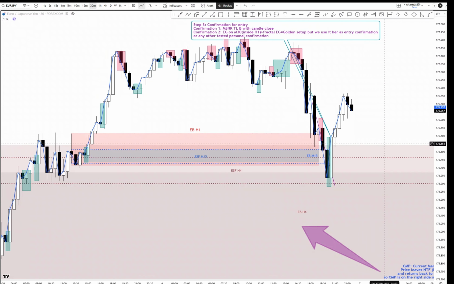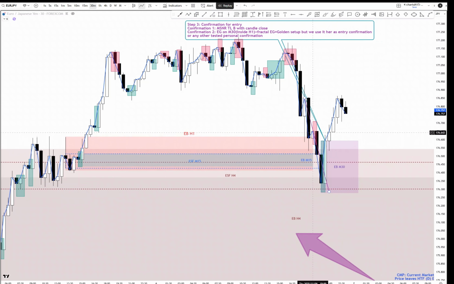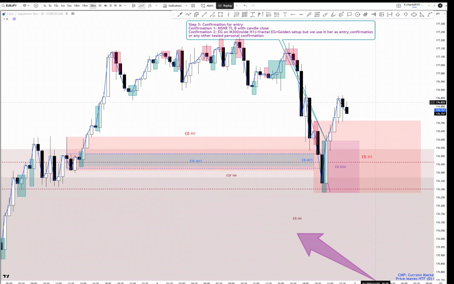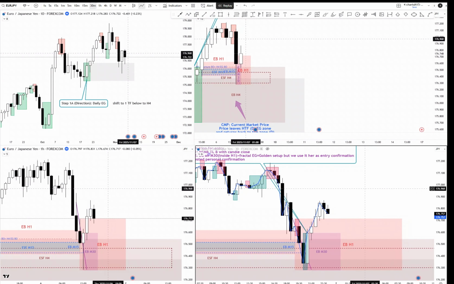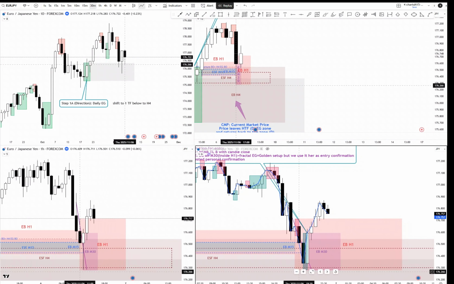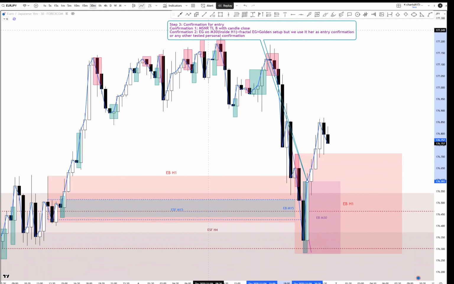The second kind of confirmation that you can have is engulfing buy in M30. Also, this engulfing buy, as you just noticed, happened inside engulfing buy in H1. So this is double confirmation. Also, this is another setup; we call it golden zone. But here we're going to use this one as our confirmation. You can use other, personal confirmation to validate this area as well. So after this M30 happened like that, the confirmation, which is step 3, is done.